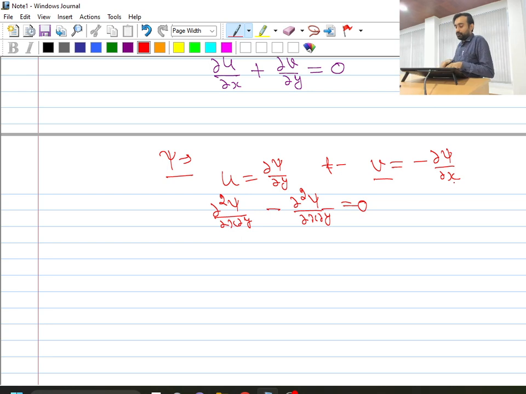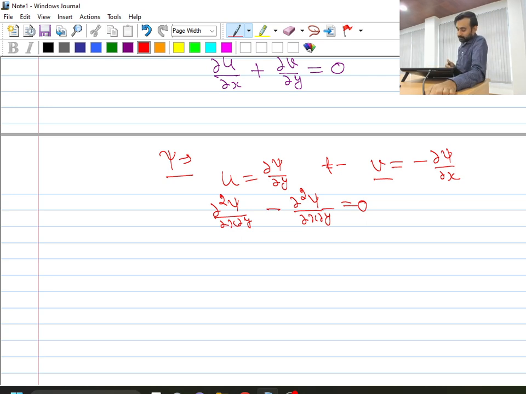So if you put this formulation into your momentum equation, u and v will be replaced with a single parameter called psi. So the number of parameters has reduced. Is this point clear? What I am trying to say over here?